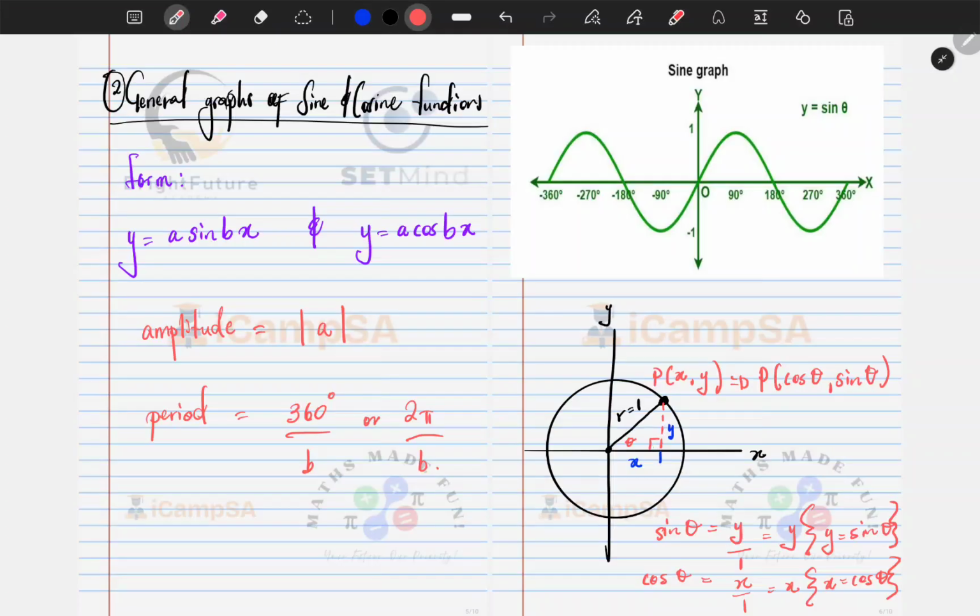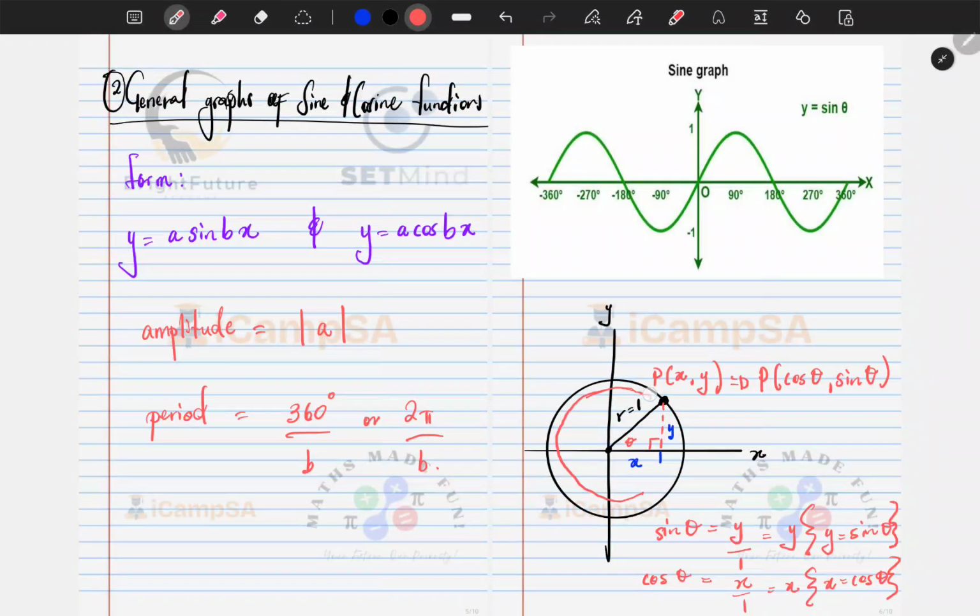Because this is a unit circle, the maximum number of degrees this point can reach if it was to rotate is 360. So this is what you would define as your period, from where we start until we come back to the origin.